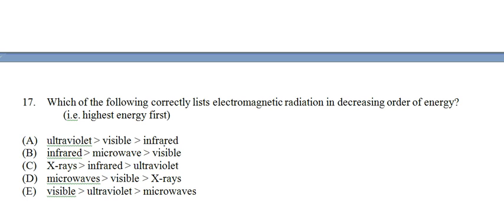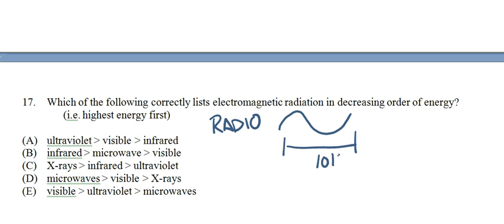Number 17. Which of the following correctly lists the electromagnetic radiation in decreasing order of energy? I'm not telling you that you have to memorize light, but it's nice to know. Radio waves are a form of light. Radio waves have the biggest wavelength, some of them almost 10 kilometers in length, and very low energy.